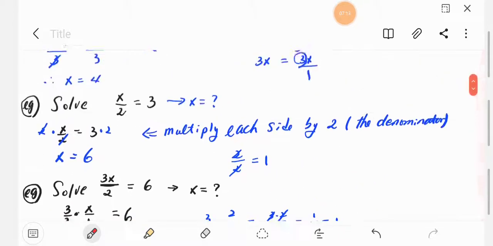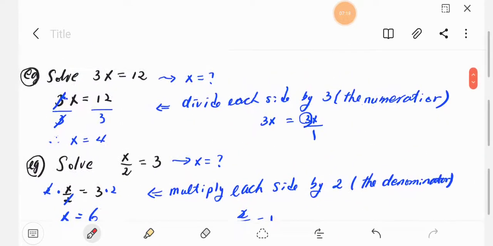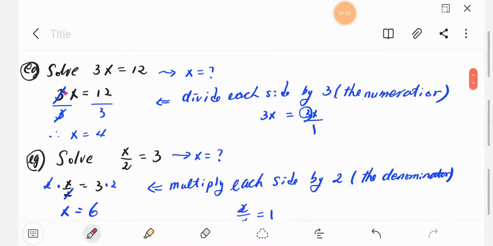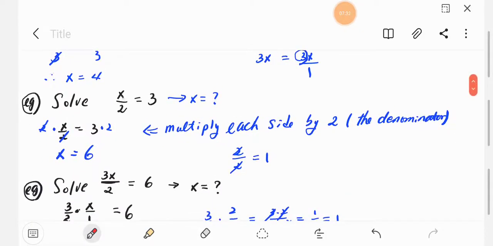So there are 3 types of equations in this case. One is x is multiplied by a number. X is multiplied by a number, then divide each side by the same number. And x is divided by something, then what?